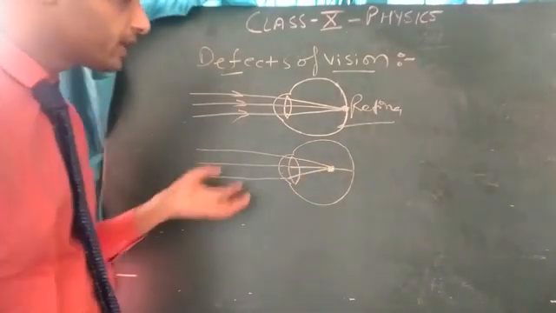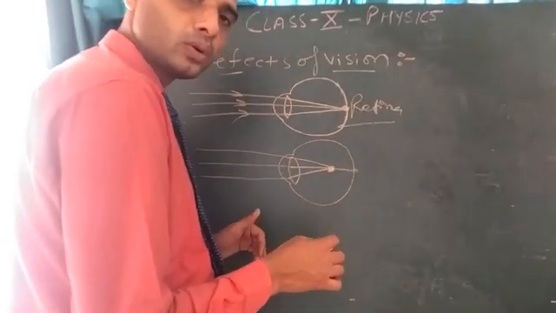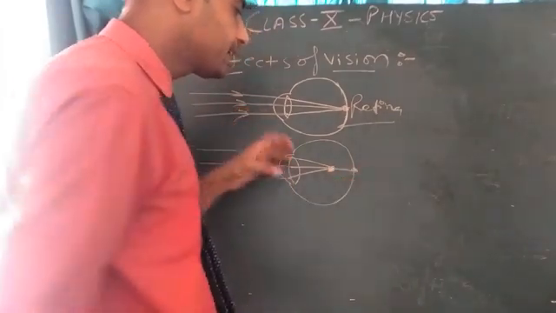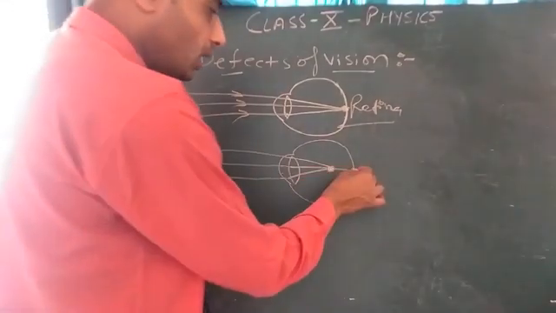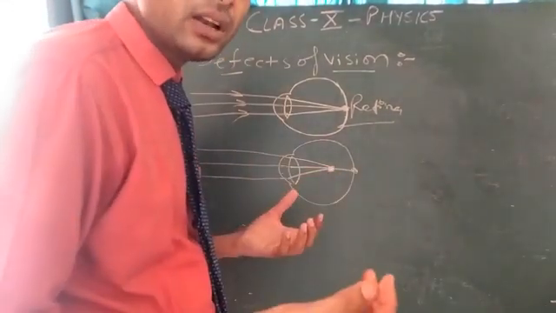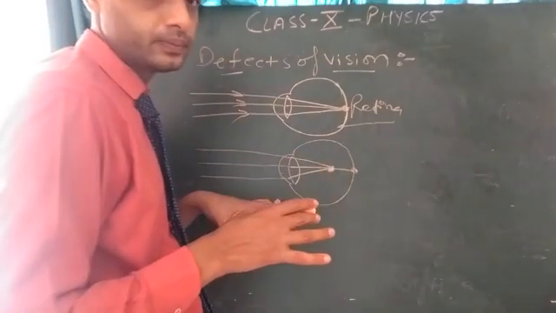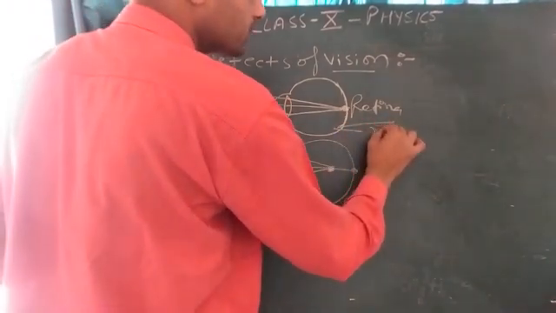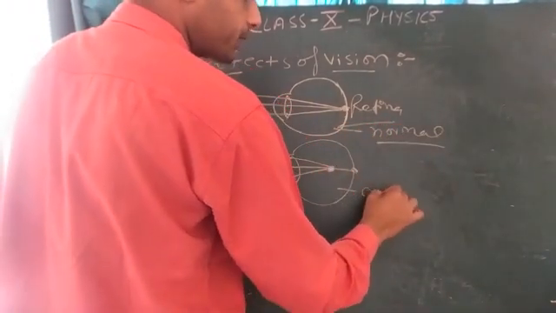It means there is no signal on the retina, or if some signals are found by the retina, that is a weak signal. It means our mind gets a weak signal. It means the image is blurred. That is the normal eye, and that is the myopic eye.